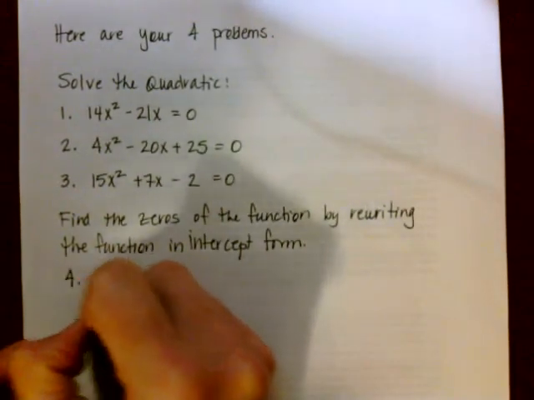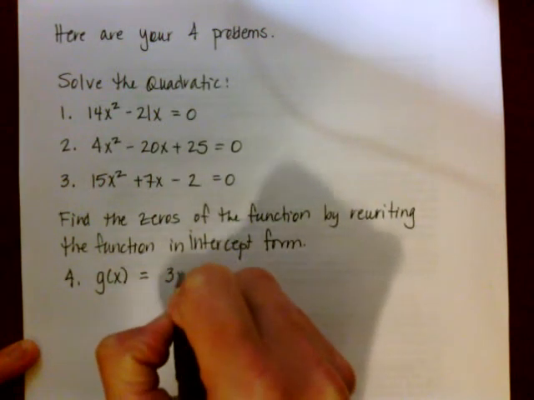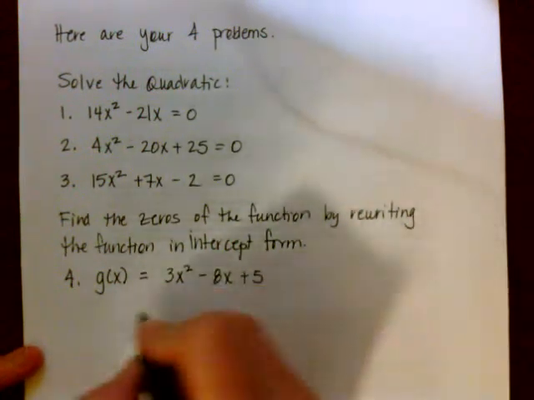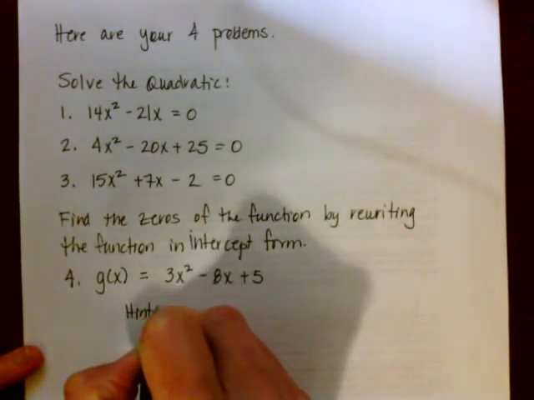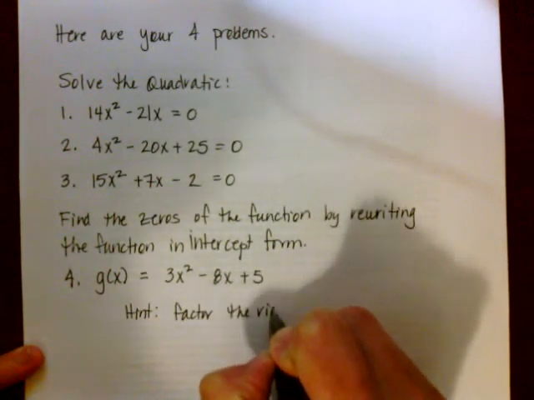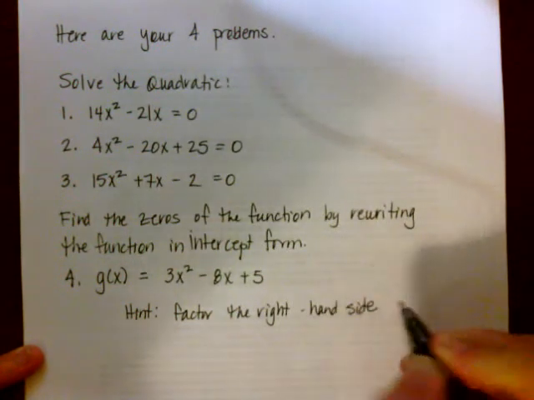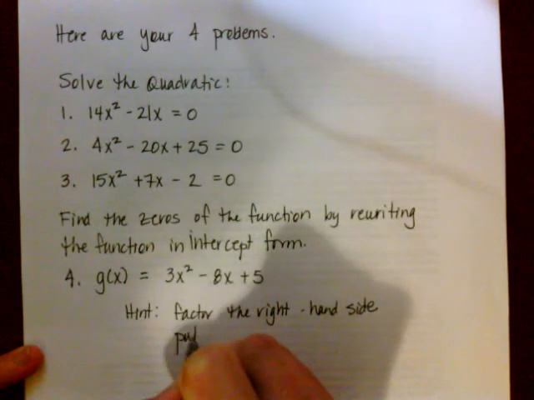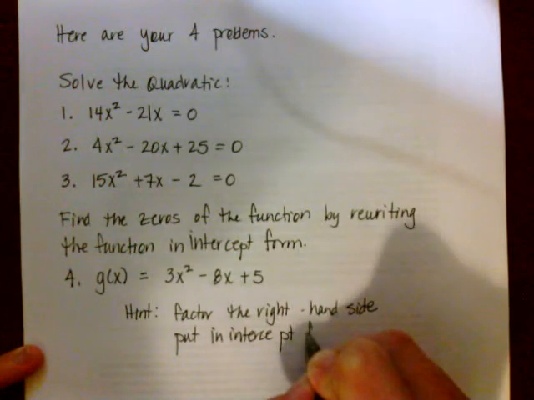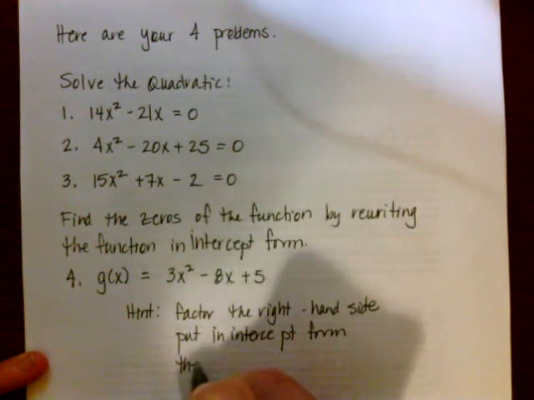So your fourth problem says g of x is going to equal 3x squared minus 8x plus 5. And I'll give you a hint. You should factor the right-hand side and then you're going to put it in intercept form, which is what factoring will do for you, and then you can find the zeros.